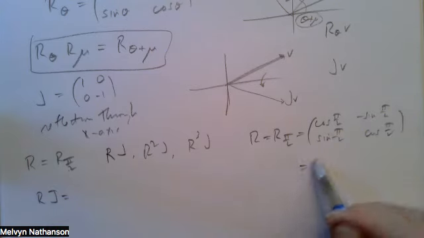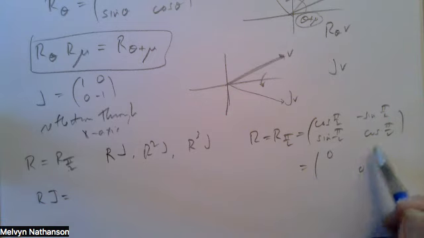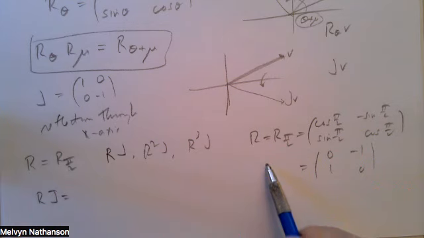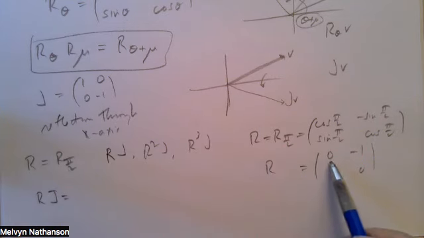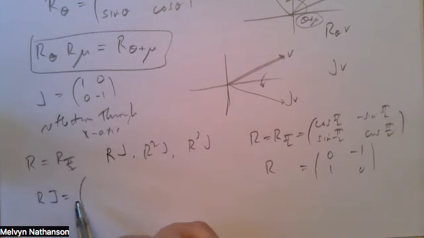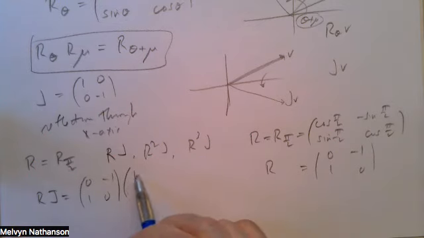But the cosine of pi over 2 is 0, and the sine of pi over 2 is 1. So R is this simple matrix, 0, minus 1, 1, 0. So Rj is 0, minus 1, 1, 0, times J, which is 1, 0, 0, minus 1.